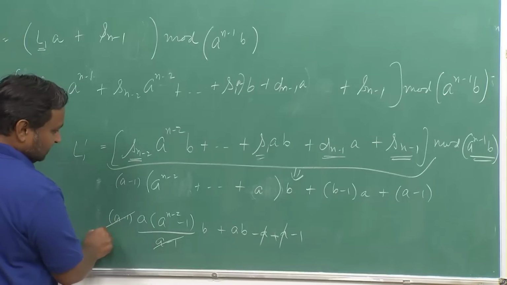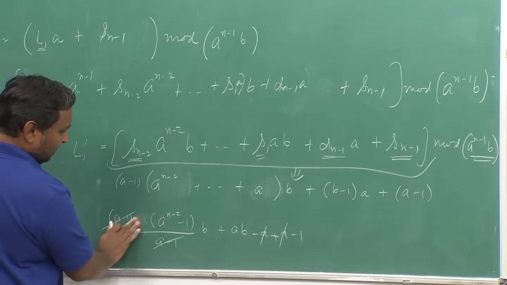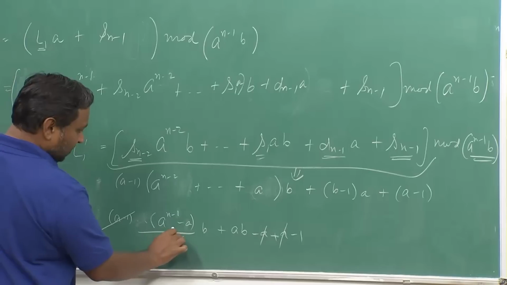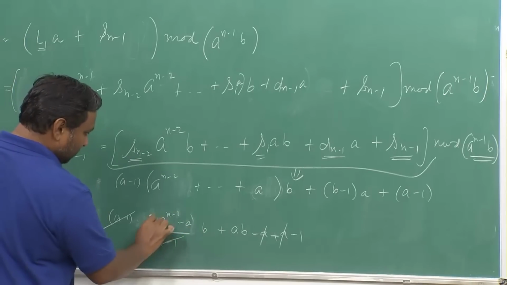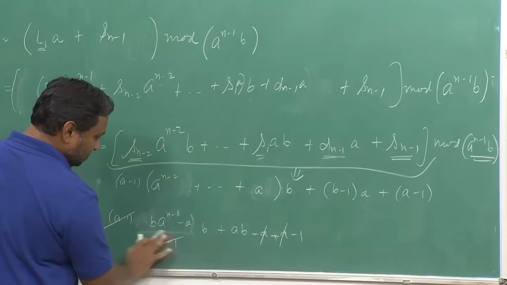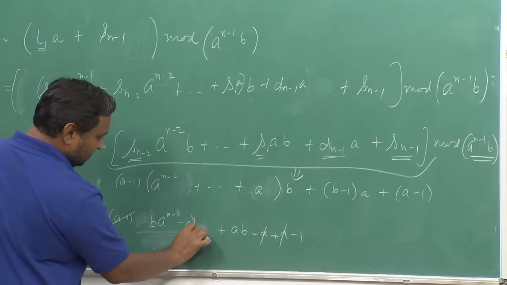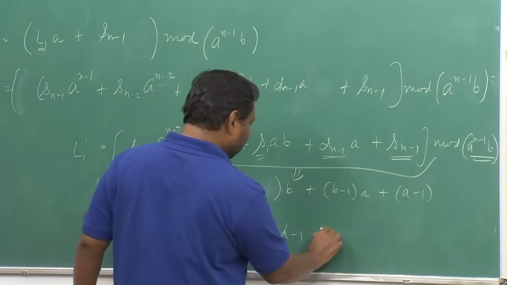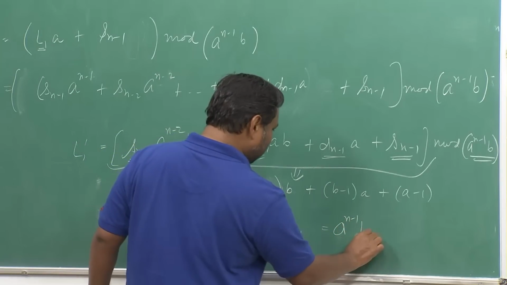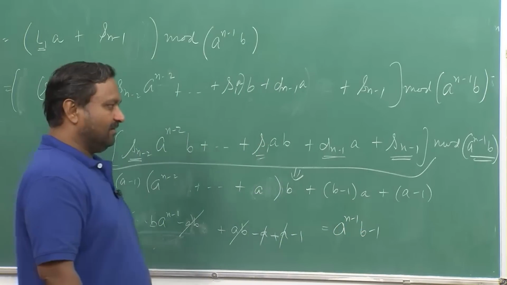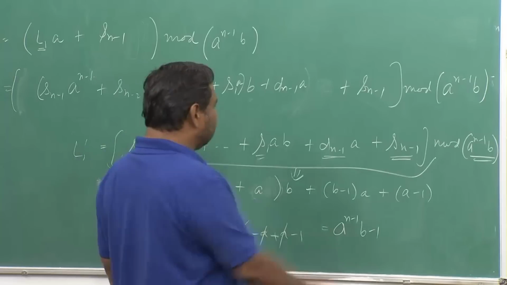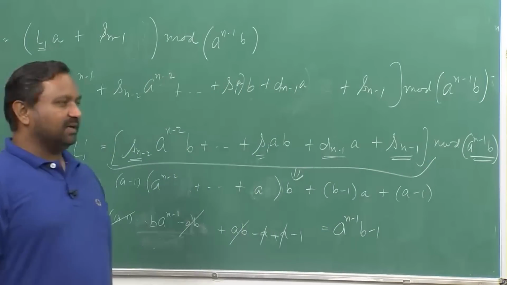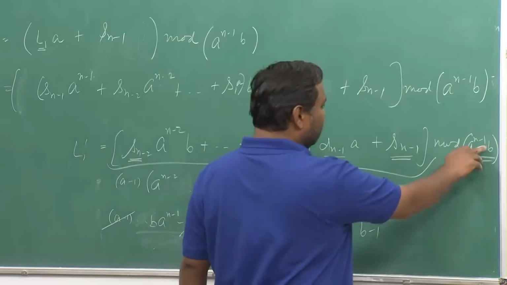So, A minus 1 cancels with this when I multiply will become n minus 1, this will become A. So, I can actually remove this brace and put Ab here, and this goes with this b. So, this cancels with this. You have now ended up with a term A raised power n minus 1 b minus 1. So, in worst case this is the value which you will get, and this is smaller than the modulo operator here, A raised power n minus 1 b.